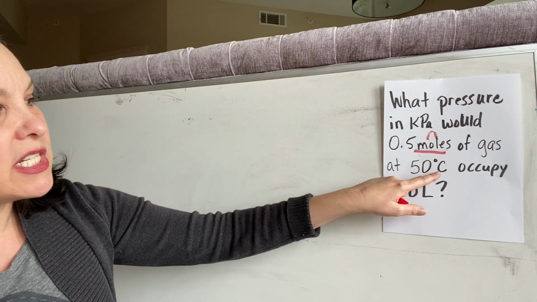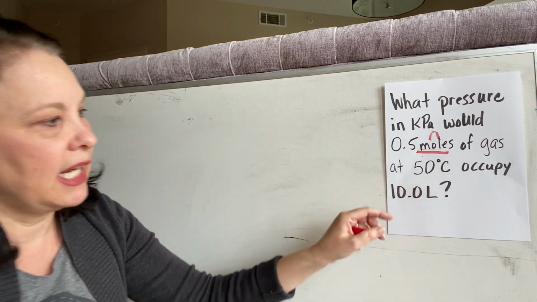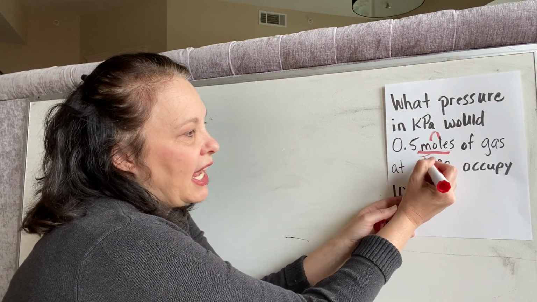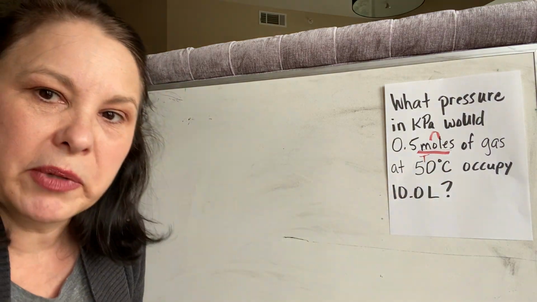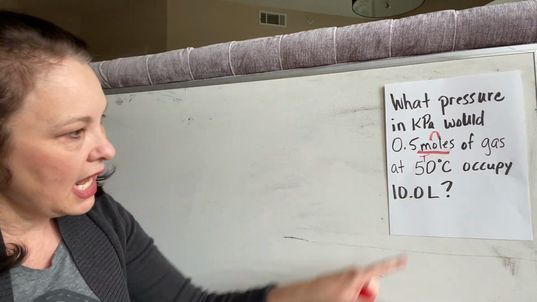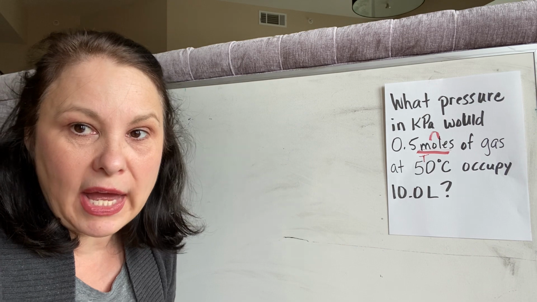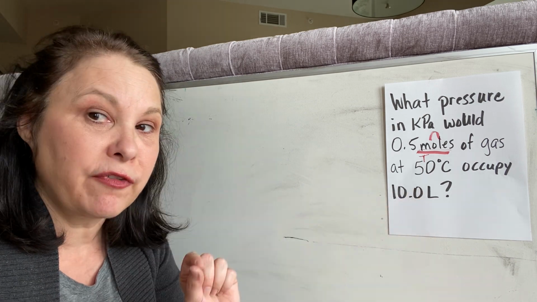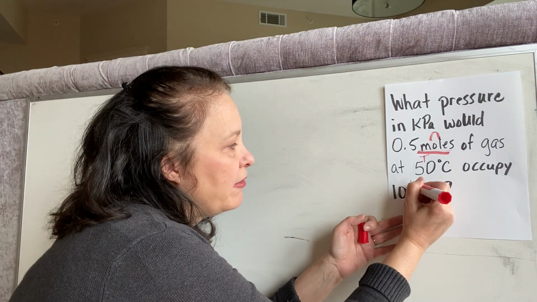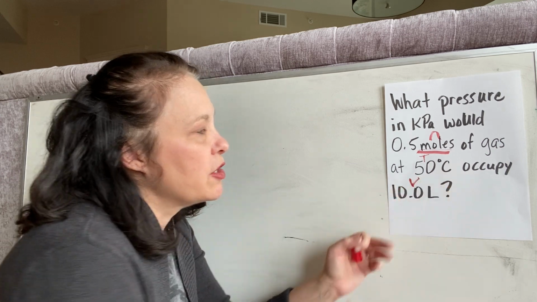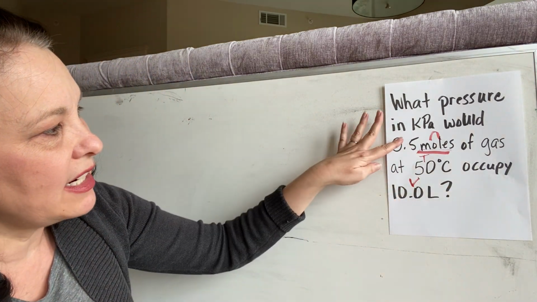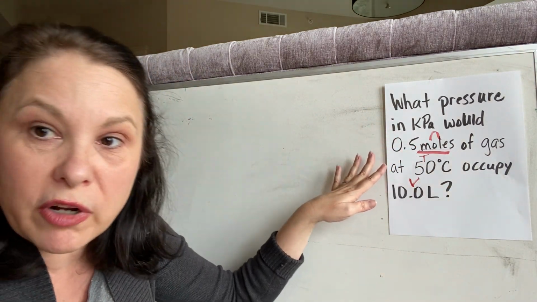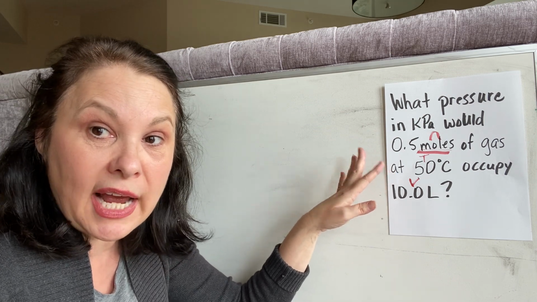I also noticed that that is temperature, okay? So I know I've got to have a T in my formula as well. And I also remember that liters is volume. So I've got to have a V in my formula. So the first thing I did was identify all my numbers with what variable represents that unit.